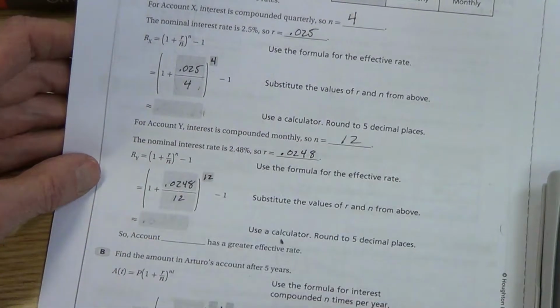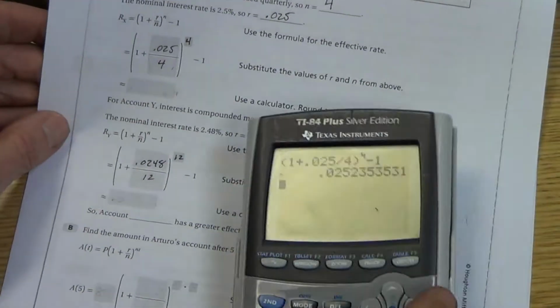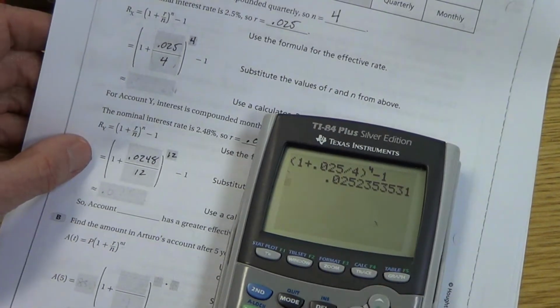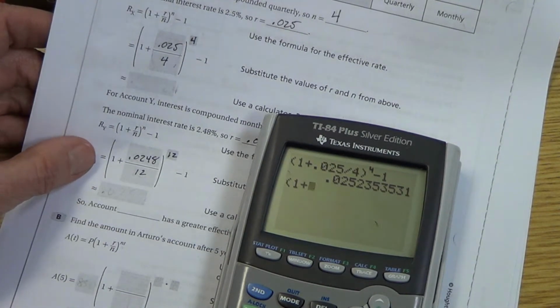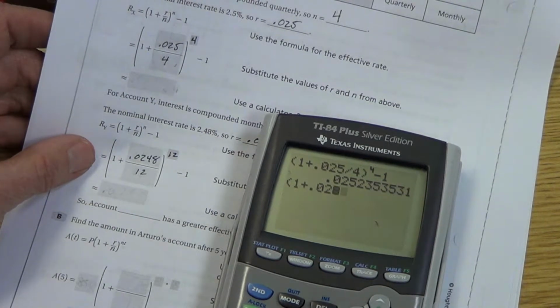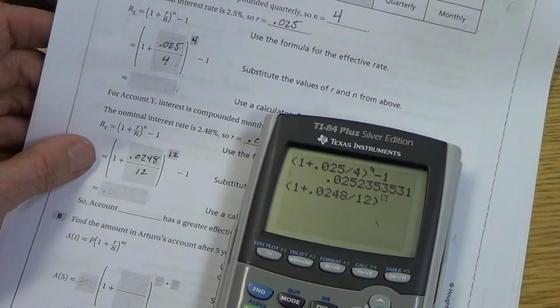Just like you did before, 1 plus 0.0248 divided by 12, parentheses closed, raised to the 12, minus 1 equals.